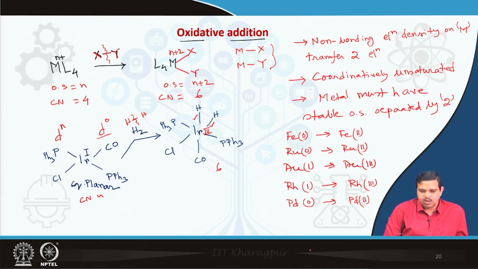Now, you will see that this H and H, that new M-H bonds, that iridium-hydrogen bonds, are in cis position.